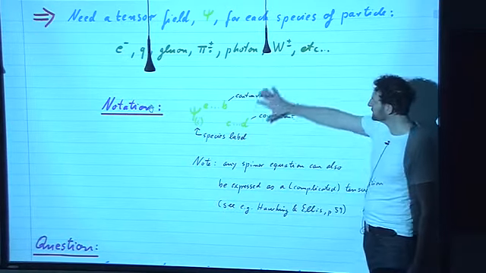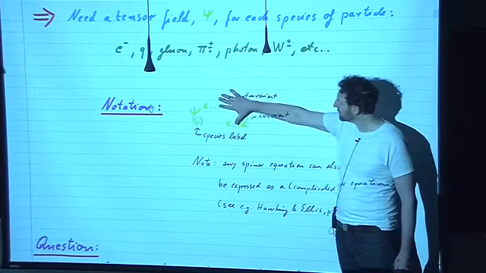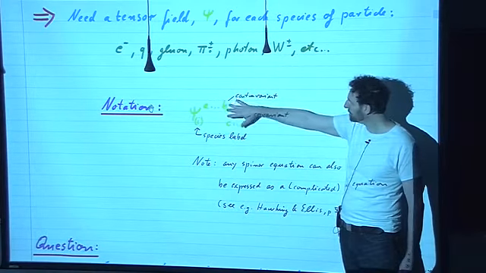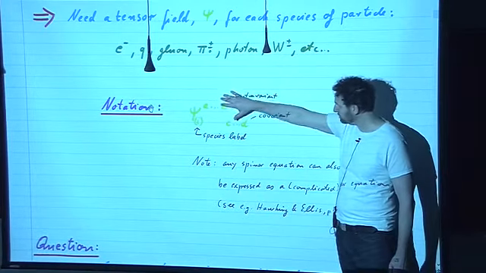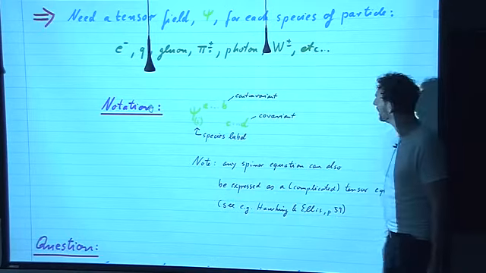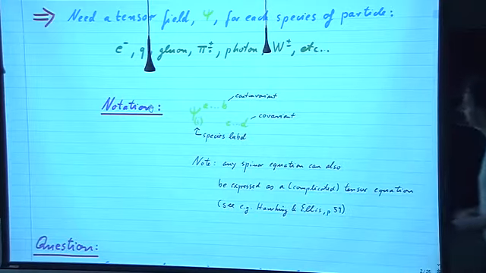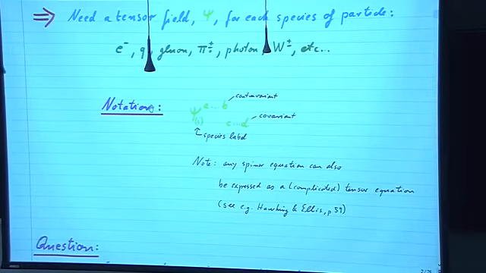But for now, let's just consider all species of particles as being described by some tensor field of fixed contravariant and covariant character. And we will get to the Dirac equation later on.